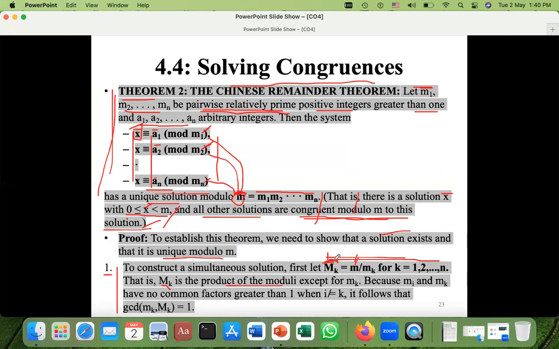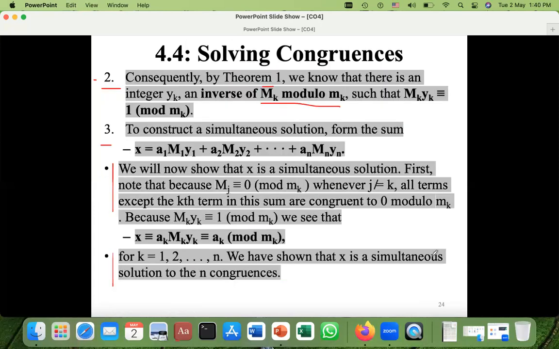You have these values from the previous step. So in this step 2, you have to find the inverse of all these capital Mk modulo small mk, and you can change the value of k from 1 to n.